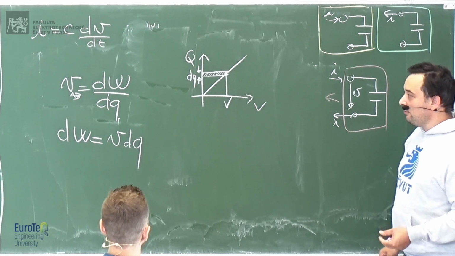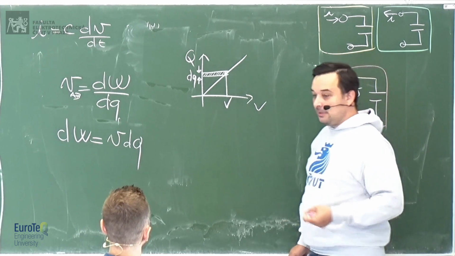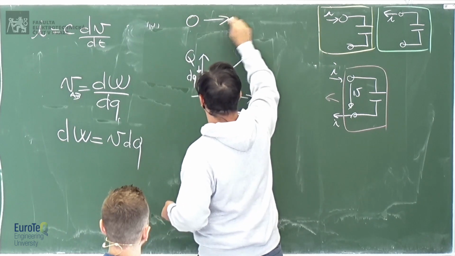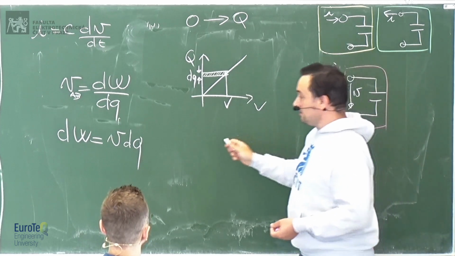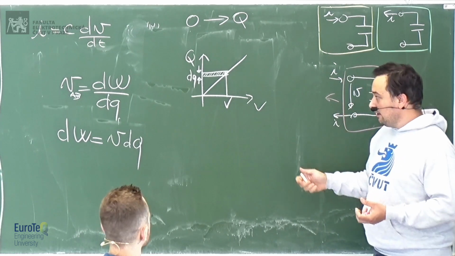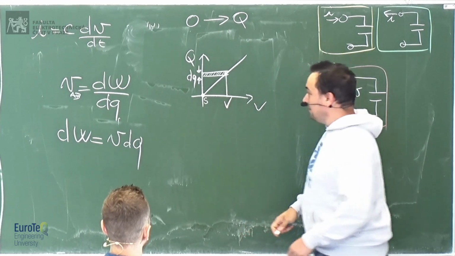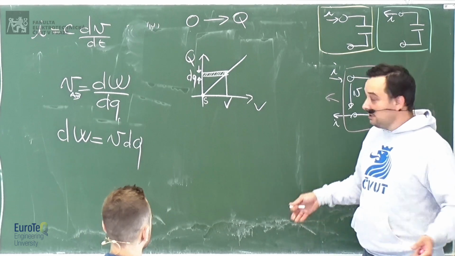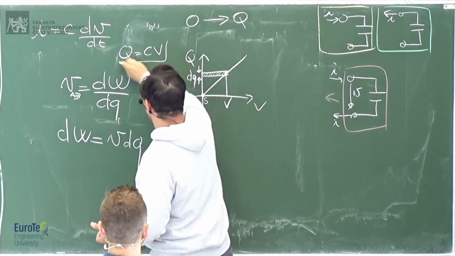Now what happens if I want the whole energy which goes into the capacitor when you move the charge from 0 to Q? We're going to integrate it. Let's again watch at the physics. You start from here. So this is your start. There is zero charge in the capacitor, so the voltage is 0 because we know that Q equals CV.